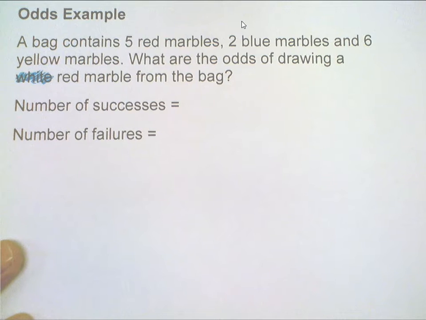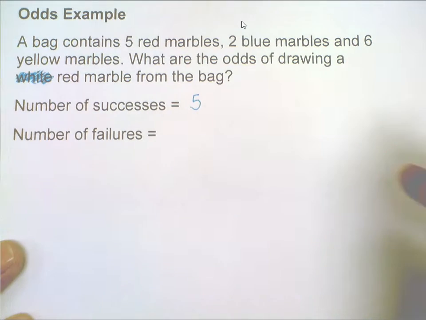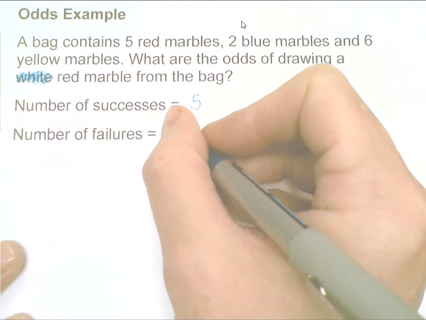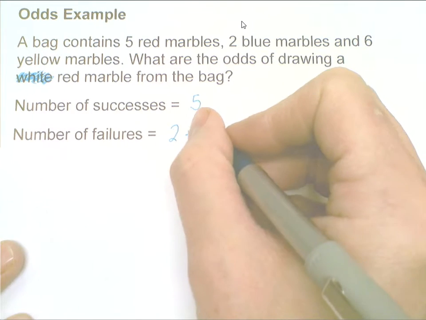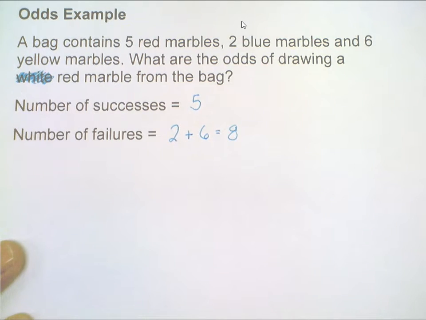So first of all, how many successes are there? Well, if it wants us to draw a red marble, there are 5 successes, 5 options where you get the red marble. And how many failures? Well, there's 2 plus 6, which is 8 possibilities for failure.